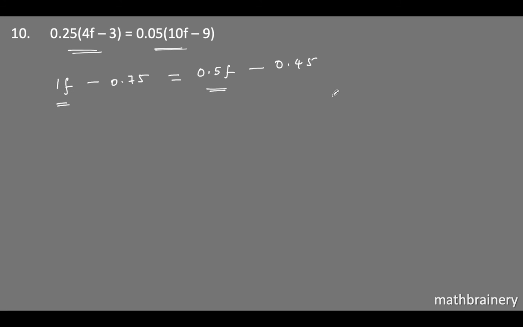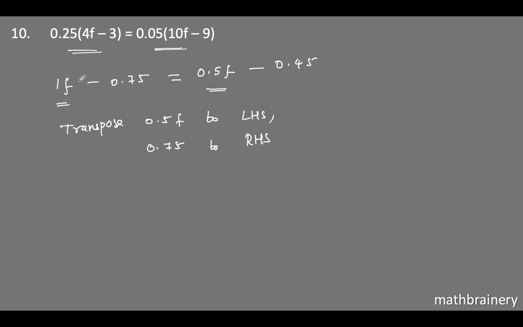So, let's bring all variable terms to one side and constant terms to the other side. So, let's transpose the 0.5f, that is this term which is on the right hand side, to the left hand side, and we are transposing 0.75 which is on the left hand side to the right hand side. Okay.